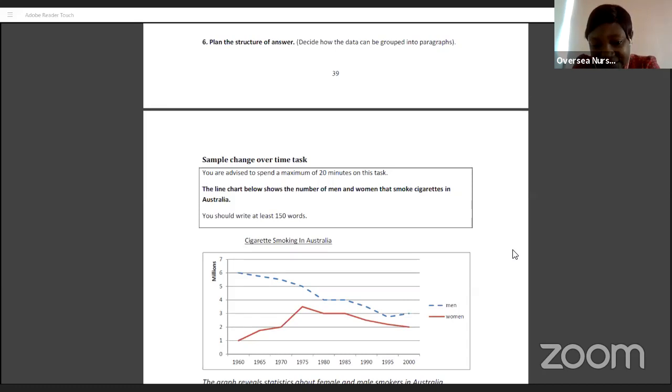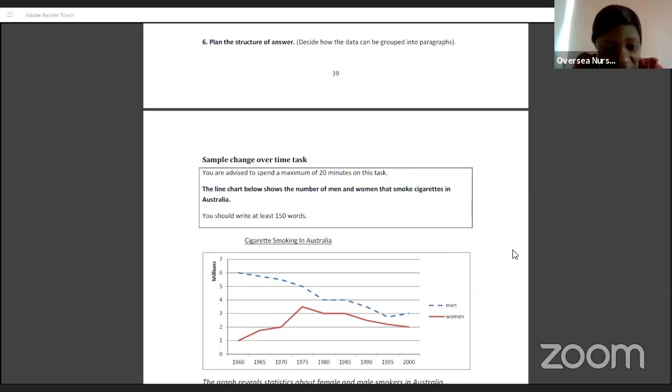Then it was steady, and then started decreasing again, up to about 2.8 or 2.7 in the year 1995, then increased a bit, where it ended on 3 million in the year 2000. So over the years, the number of men that smoked had reduced.